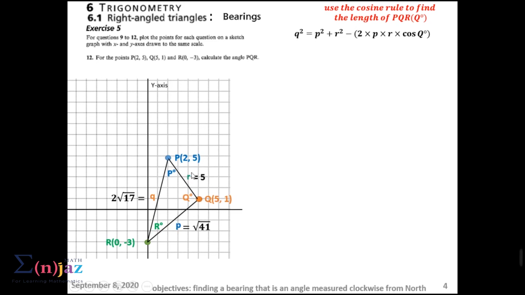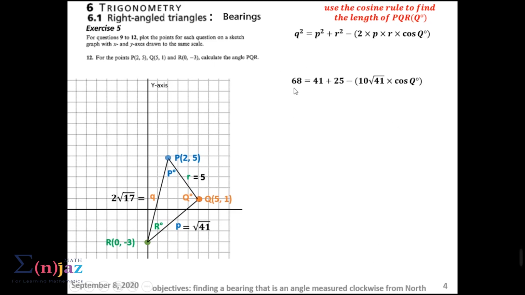The two known sides: R is 5, P is square root of 41. The angle between them is cosine Q.